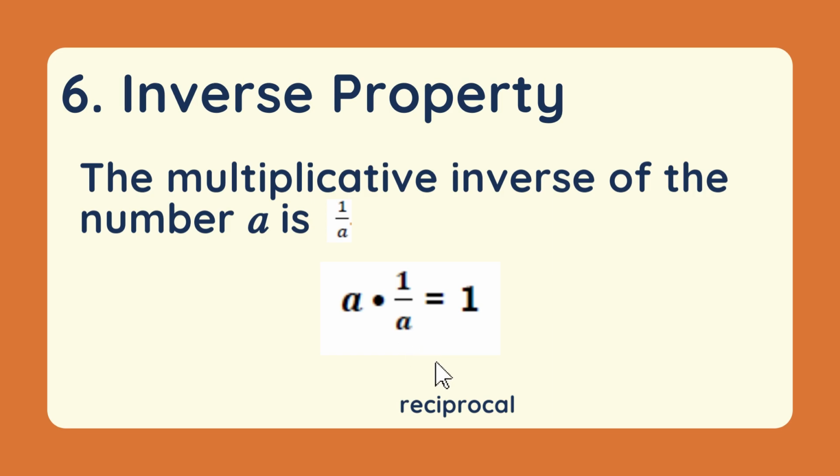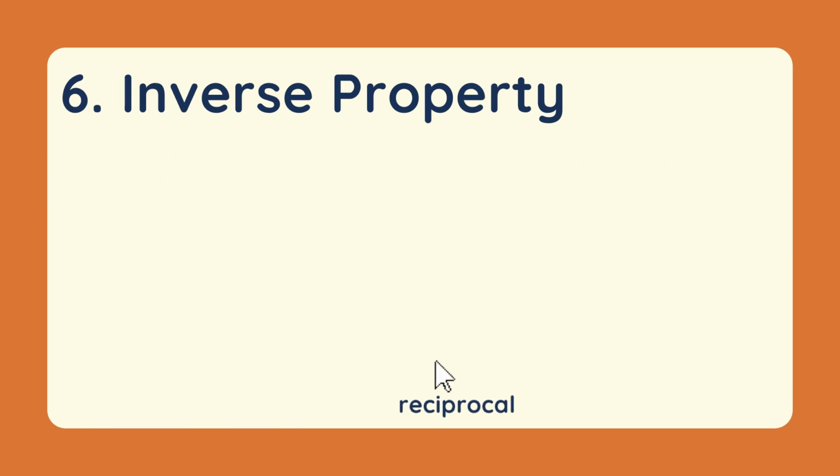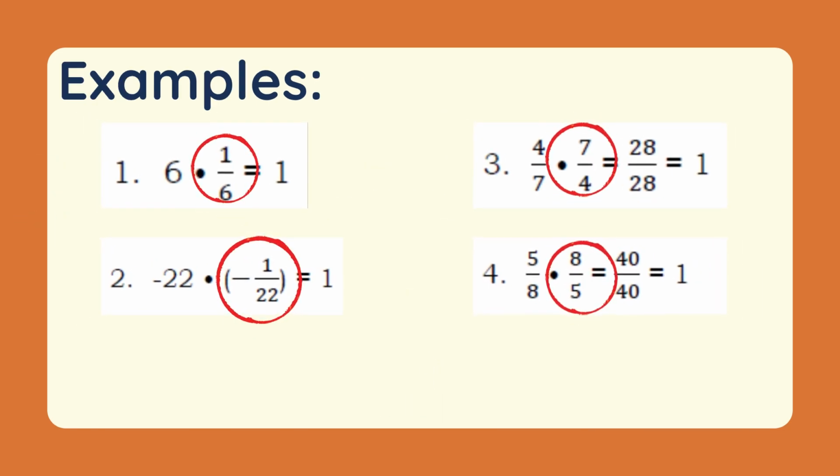Or if you are given a fraction, its reciprocal is just the reverse of it. Just interchange the numerator and the denominator. And if we are going to multiply a certain number and its multiplicative inverse, the product is always equal to 1.